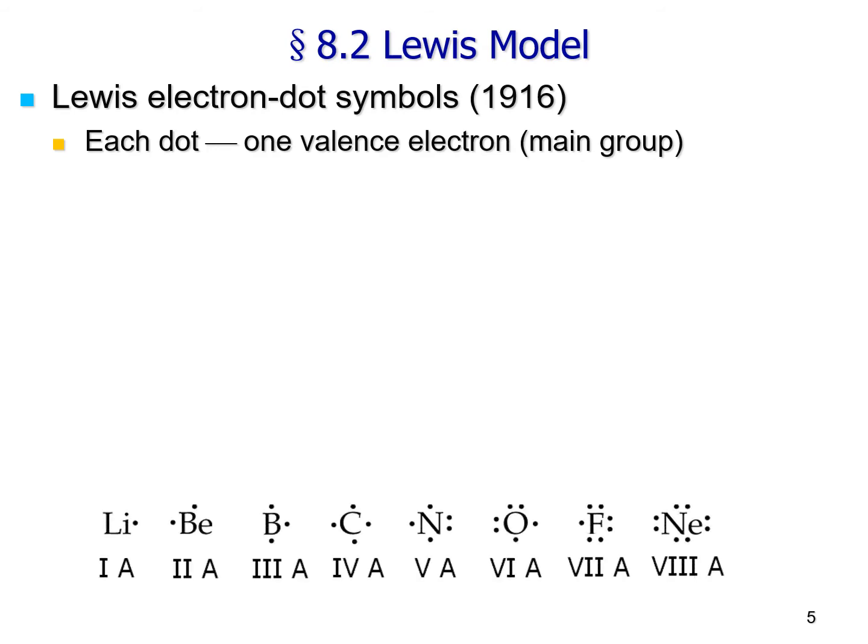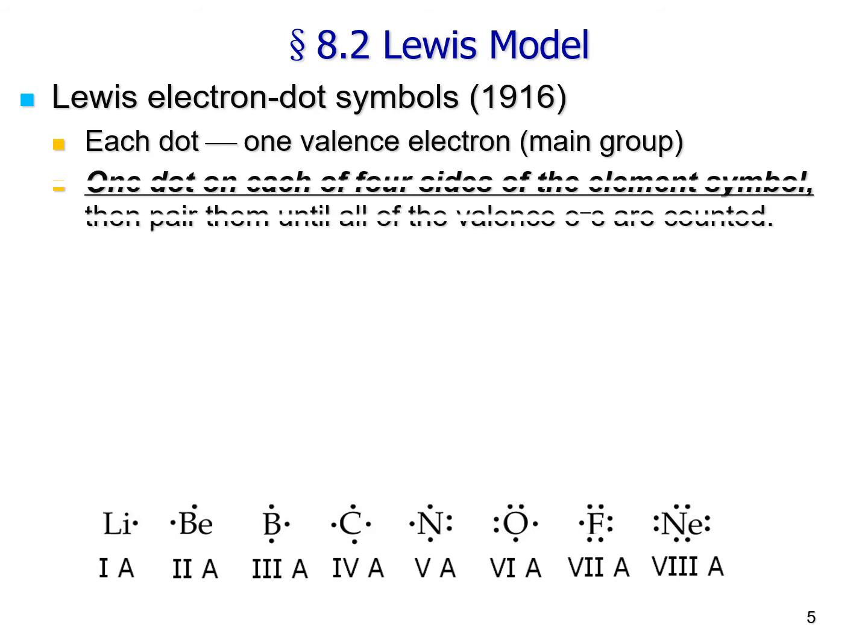So as you can see here, lithium, we understand it's group 1A, one valence electron, so that's one dot. For atoms in group 2A, there are 2 dots. Why do we have 2 dots, not paired, but on different sides of the chemical symbol? Because he said 1 dot on each of the 4 sides of the element symbol.